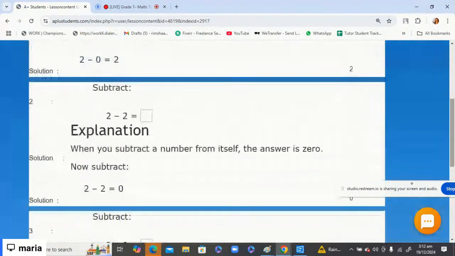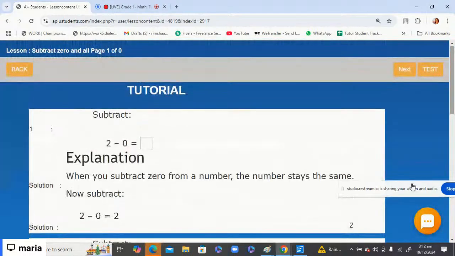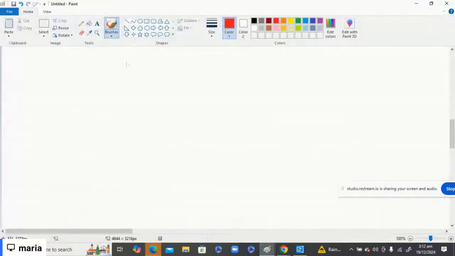so now this is the way that you are going to do it. For example, if I'm going to write it here, 7 minus 7, how does it become 0?